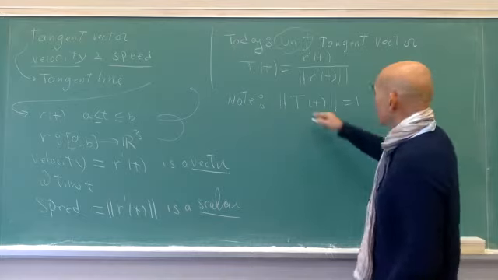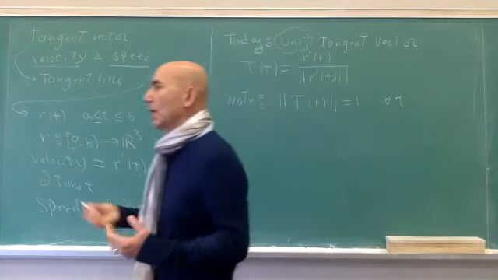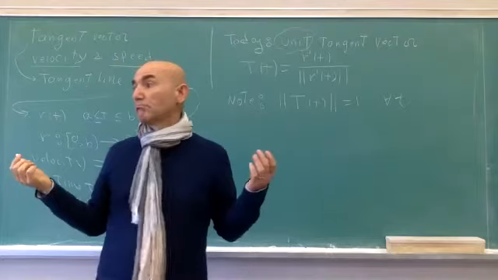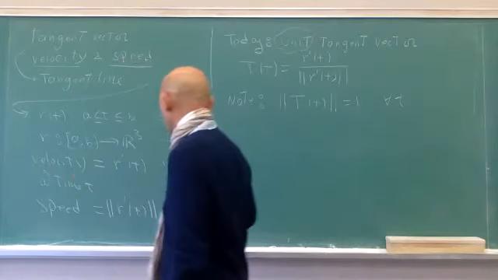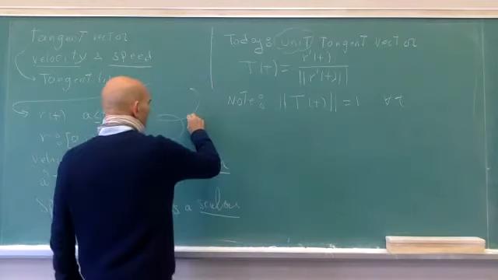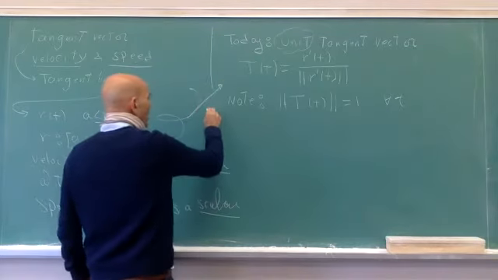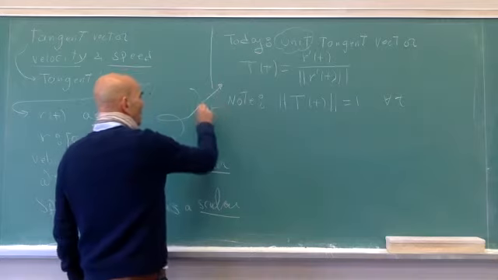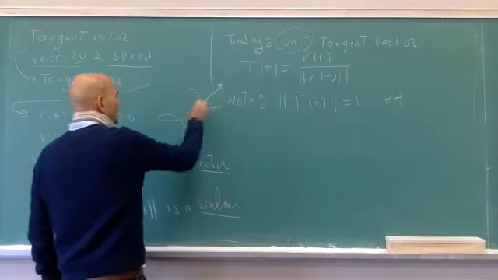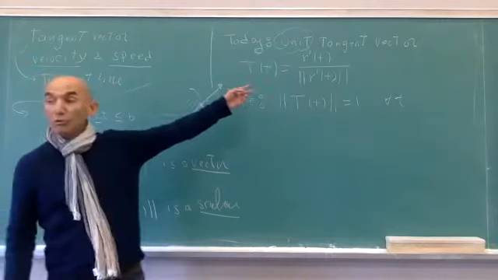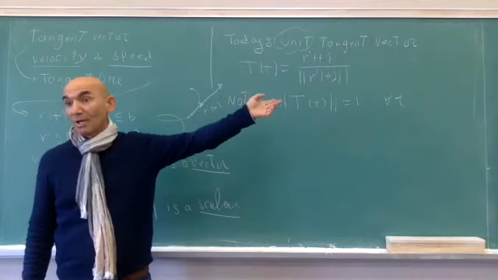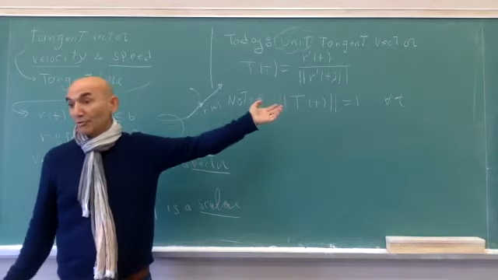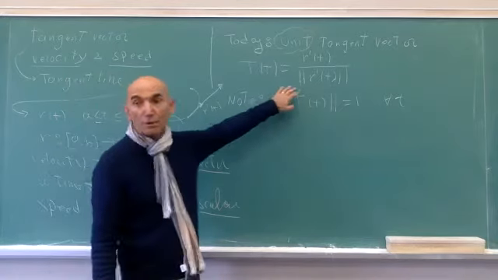It's always a vector of length 1, and we forced it to be like that. If this is the velocity, r prime of t, we just divide it by its length. Of course, we can do this when r prime of t is different from 0. If r prime of t is 0, we cannot divide by 0.